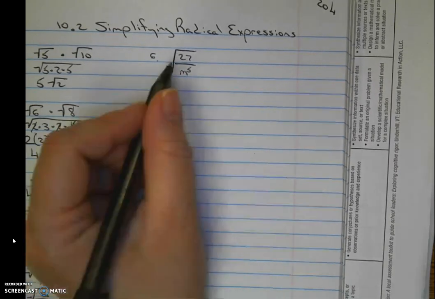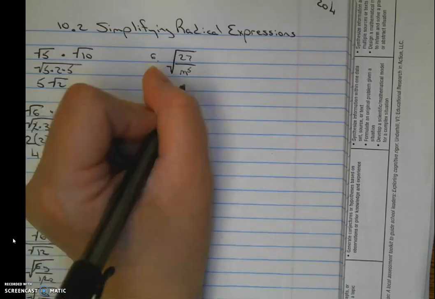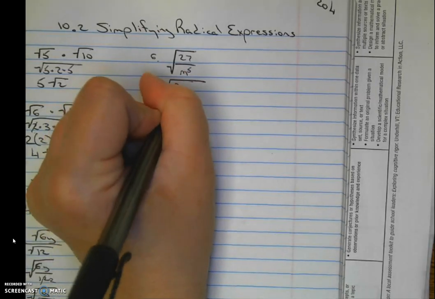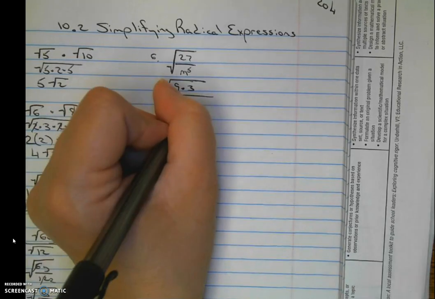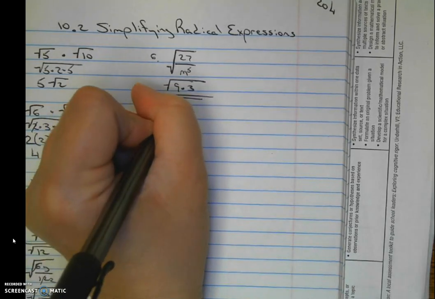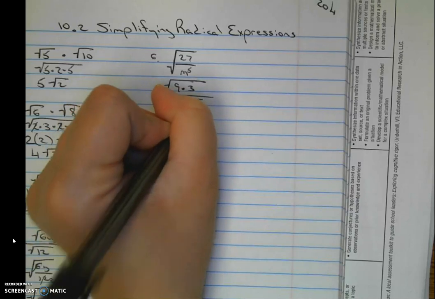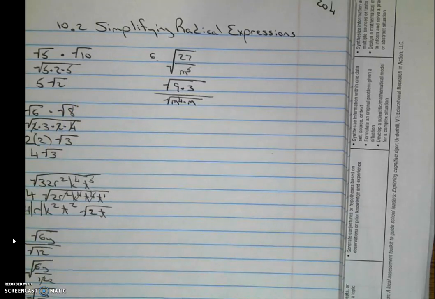Okay, so let's take a look at number 6. We have the square root of 27 over m to the 5th. I need you to recognize 27 as 9 times 3. So I've got a square root of 9 times 3 going on. M to the 5th, that's an odd exponent. I'm going to make use of that as an m to the 4th times an m, because 4 plus the assumed 1 gives us a 5.